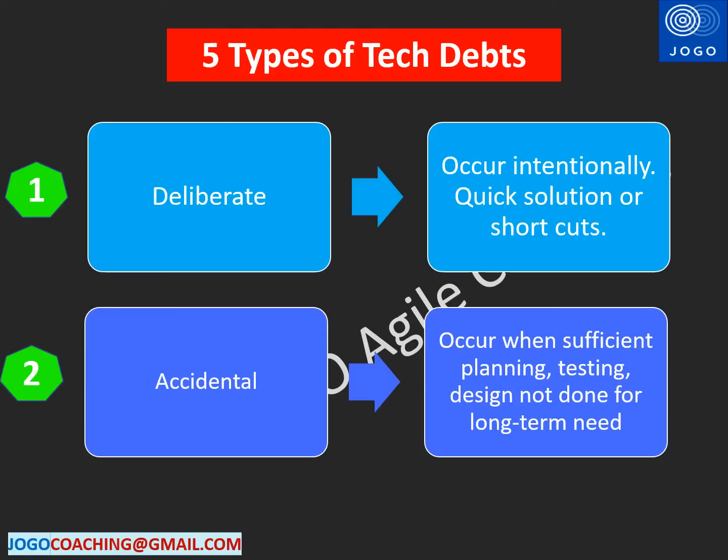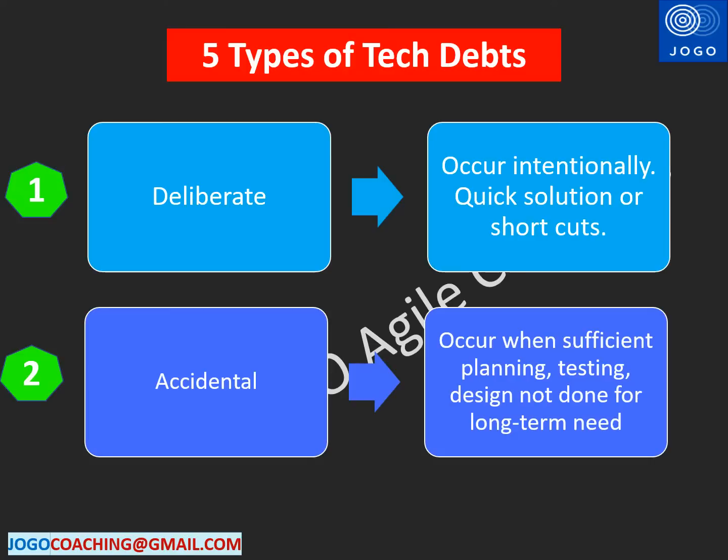For example, the team uses a basic or non-optimal database schema in order to launch the minimum viable product. So the team decided to do the project quickly, knowing that some of the things can be done in a better way. So this is called deliberate technical debt.